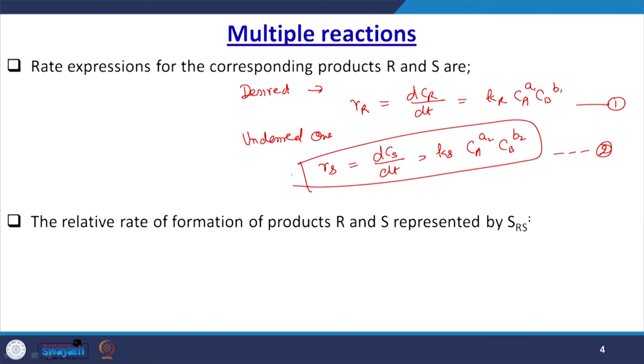Now, sometimes we have to look into the relative rate of formation of products R and S, usually represented by SRS.